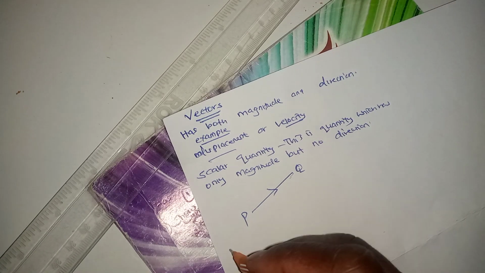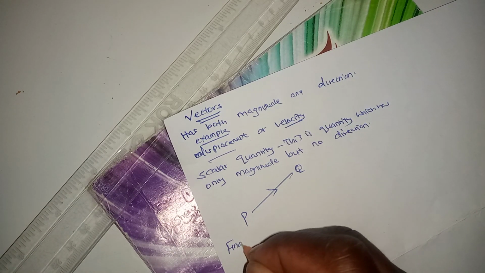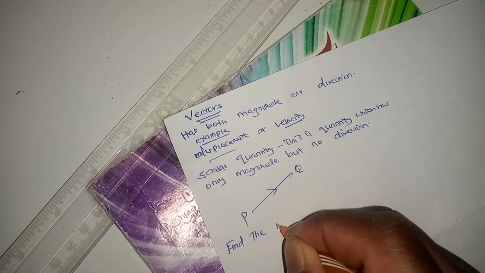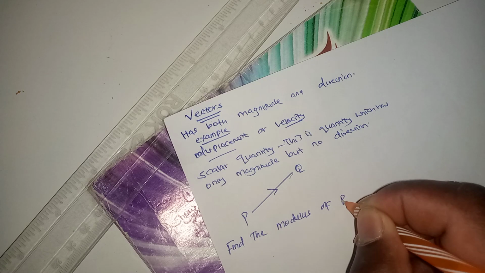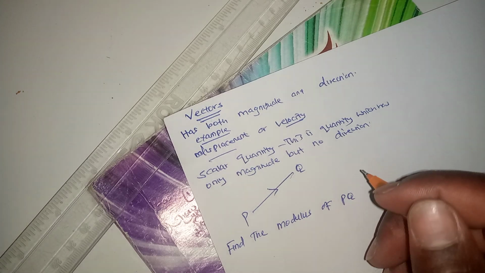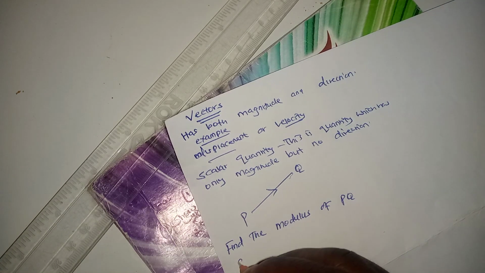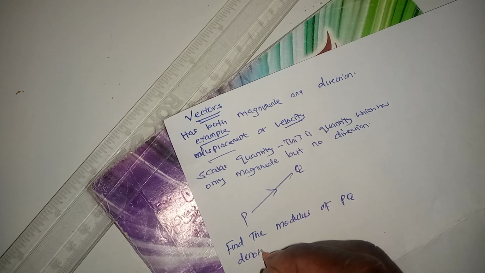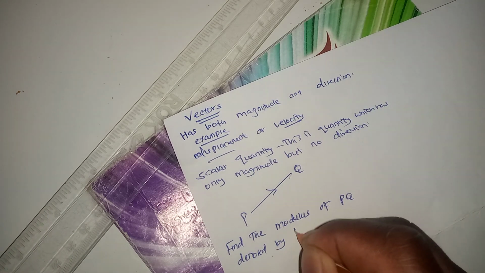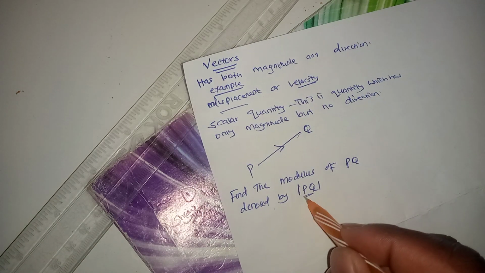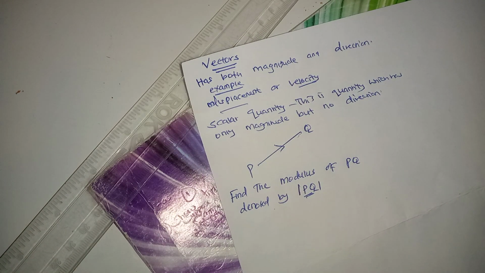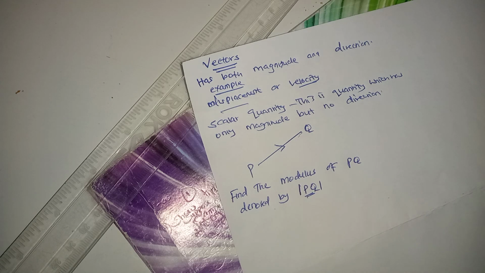Let's say we are told to find the modulus of PQ. The modulus of PQ is denoted by |PQ|. This is the modulus of the vector PQ.